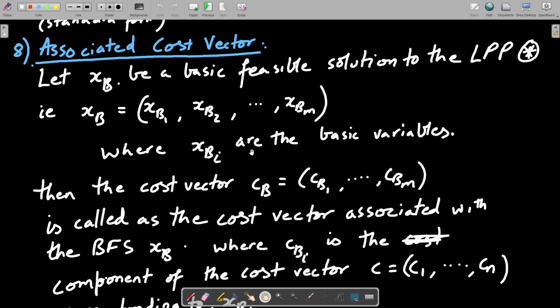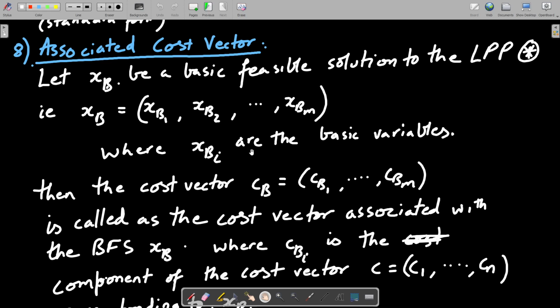So how do I get the basic feasible solution? I had a full set of n variables. I have to set n minus m variables as 0, and I have the remaining m variables as the basic variables. The cost associated with each of these basic variables gives you a cost vector CB.